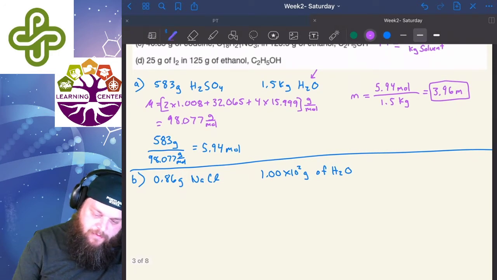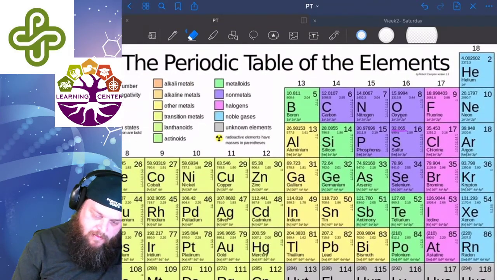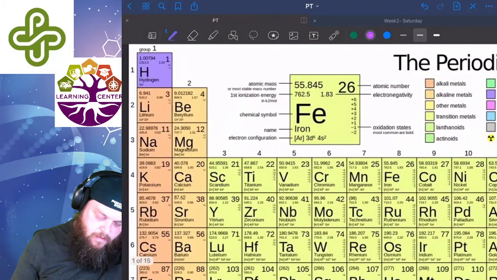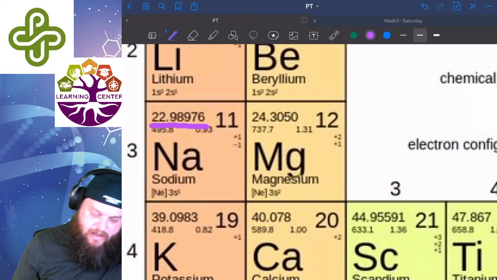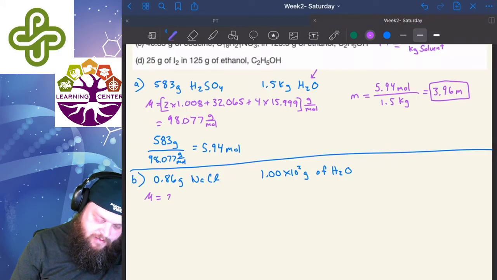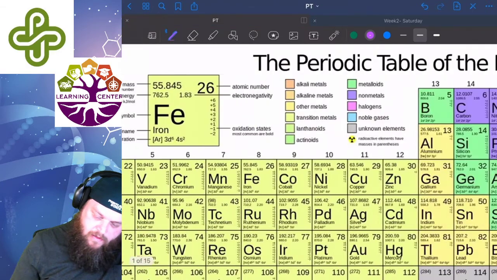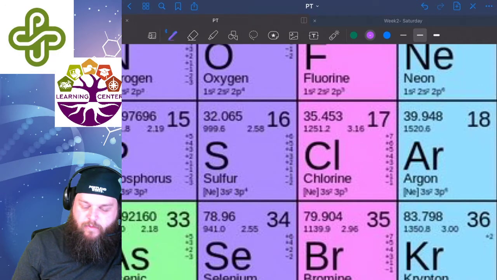So just like before, we need to find that molecular mass. So looking at sodium, going back to our periodic table, that's 22.99. It's going to be 22.99 plus chlorine, which is 35.453.